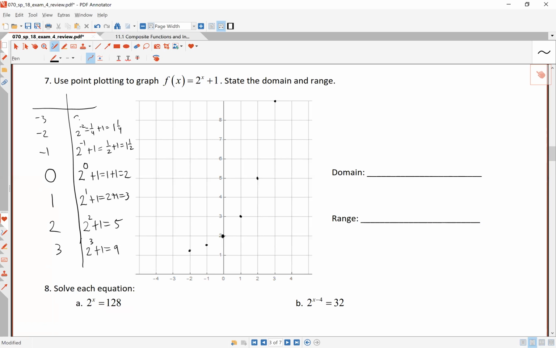Negative 3 is 2 to the negative 3 plus 1, which is 1/8 plus 1, which is 1 1/8. And so we see this graph is coming down and trying to touch the line y equals 1. And then the exponential growth is on the other side. And so this time it doesn't touch the line y equals 1.